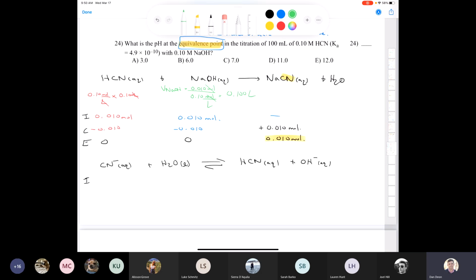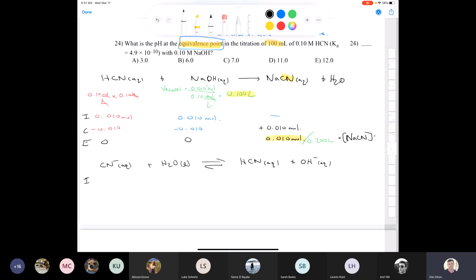So for the concentration of my sodium cyanide, I'm going to divide by the total volume, which is 0.200 liters. All I'm doing is tallying up 100 milliliters from here and 100 milliliters from there. 100 plus 100 gives you 200.